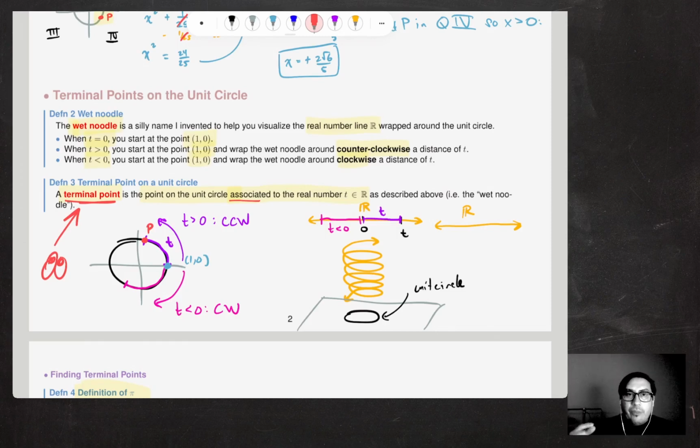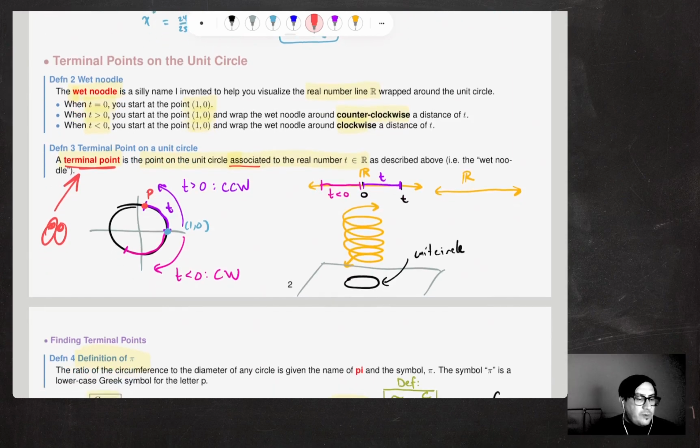The consequence is that you're landing at the same point over and over again, because as you wrap over the circle, you're just covering the same ground again. All right, but let's move on from now.